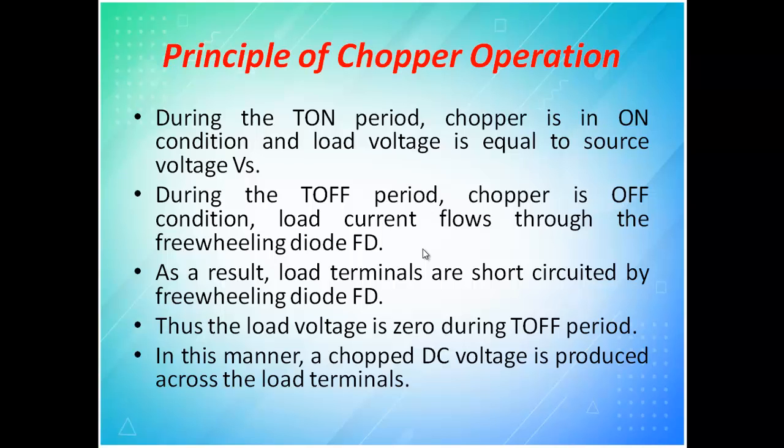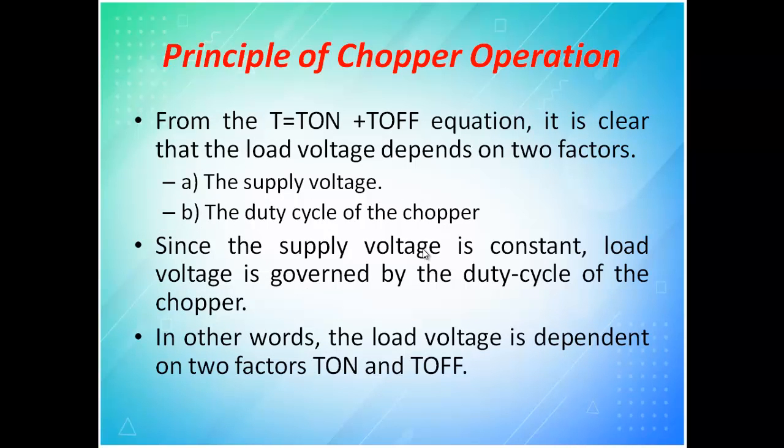In this manner, chopped DC voltage is produced across the load terminals. So either you supply voltage or you do not supply voltage. This is done at very high frequency. Depending upon the T on and T off ratio, you will get variable output voltage. If you operate at low frequency, you will not get any variable voltage. You will get input voltage or 0.